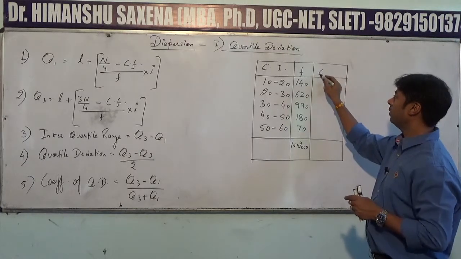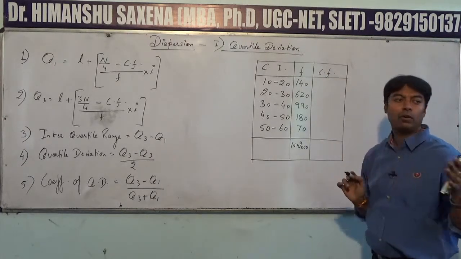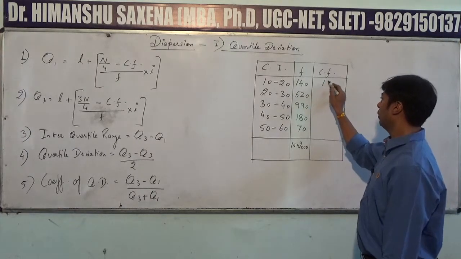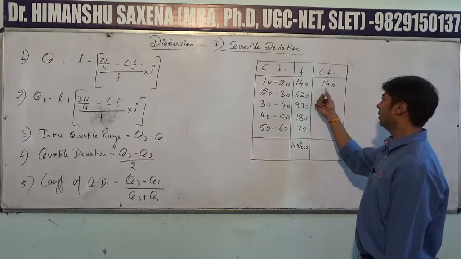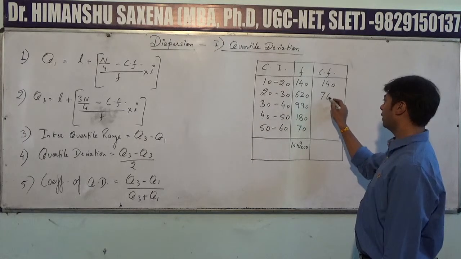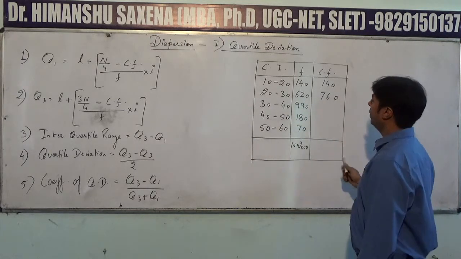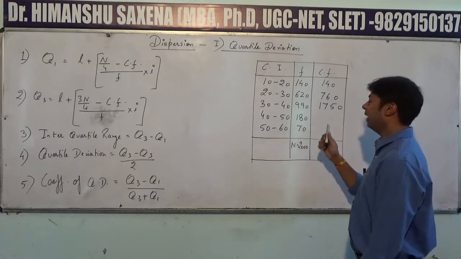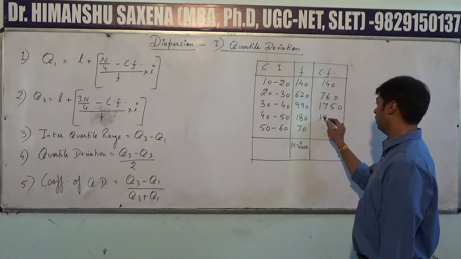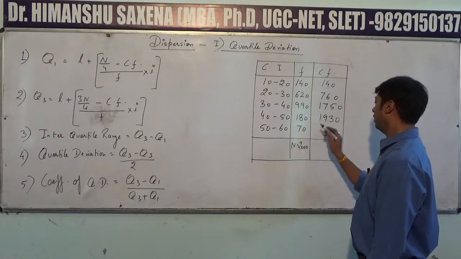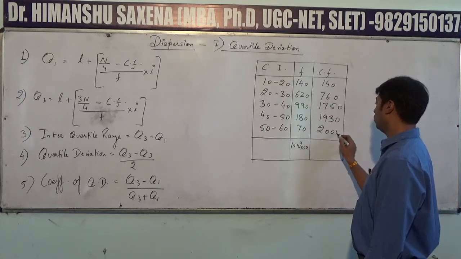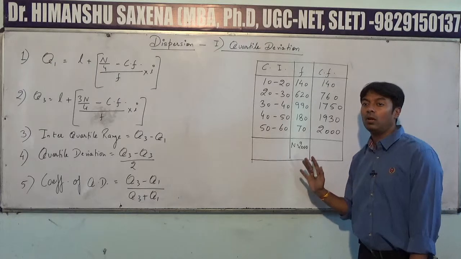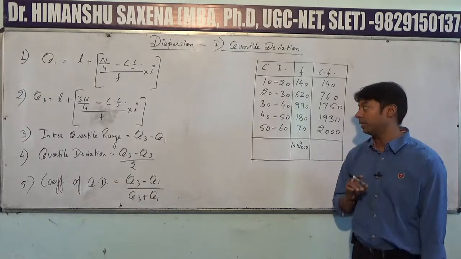Now as we did in median, we have to find out the cumulative frequency. 140 will remain 140. 620 plus 140 is 760. 990 plus 760 is 1750. 180 plus 1750 is 1930, and 70 plus 1930 will be 2000.